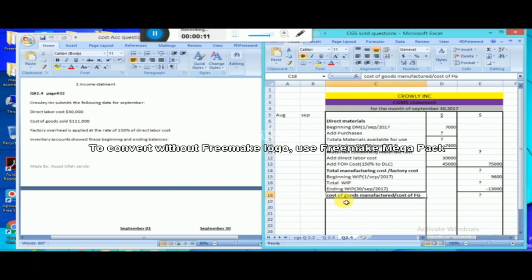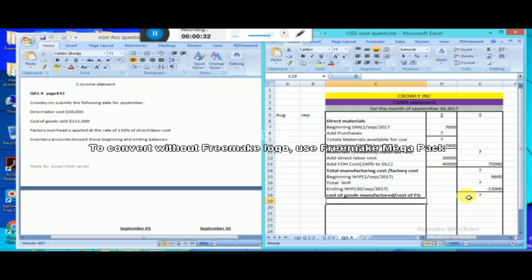We will proceed from that half. Up to cost of goods manufactured or cost of finished goods, we solved the question that was unknown until now.